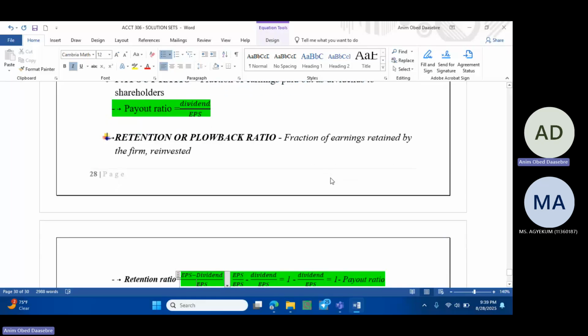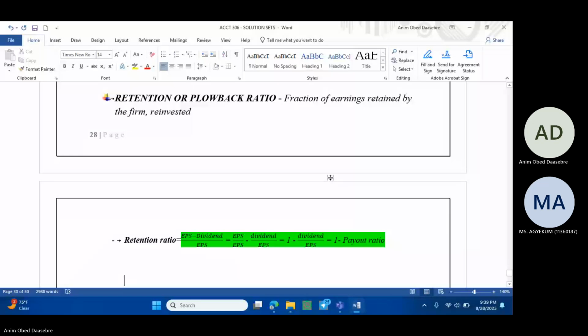So after you have paid out a proportion of your earnings to shareholders, the remaining part of your earnings is what you are going to retain. So the formula to use is your earnings per share, from which you subtract the fraction that you have paid out.